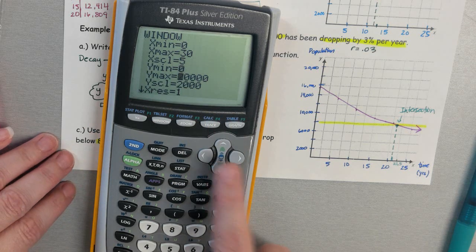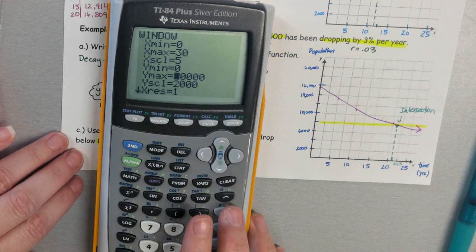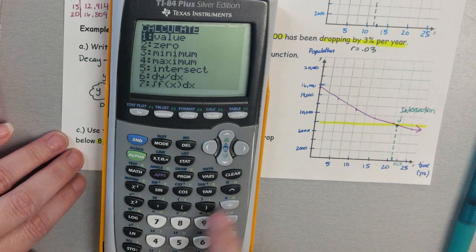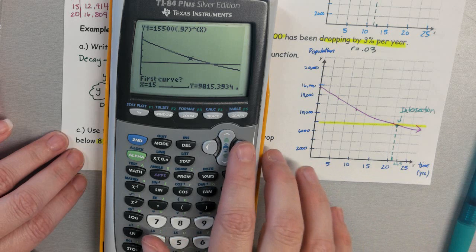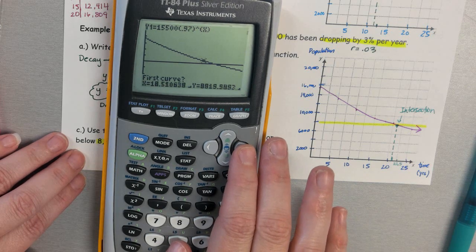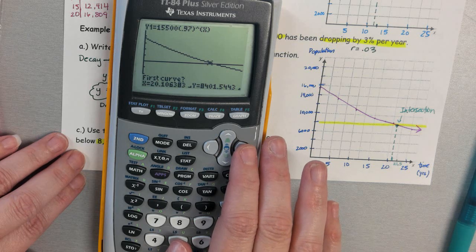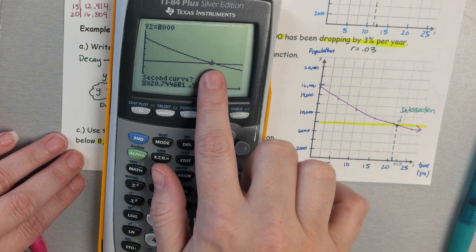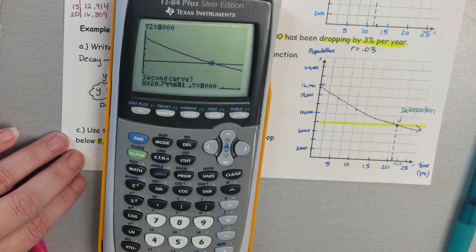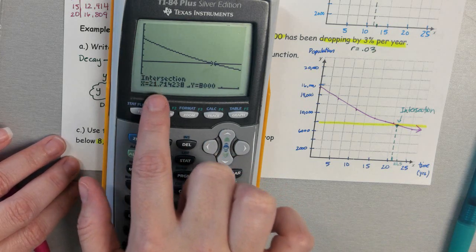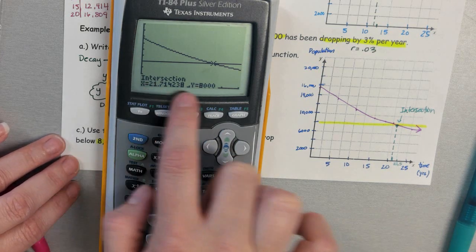Went by 5s, 0 to 20,000, went by 2,000s there. So now I can go to second calc, use my intersect feature, and it's asking me on the first curve. What that means is, where does the first curve intersect the second one? So I just try to get on the intersection. The second curve, it's actually going to be in that region. You can just press enter again. It's going to ask you to guess, just press enter again.